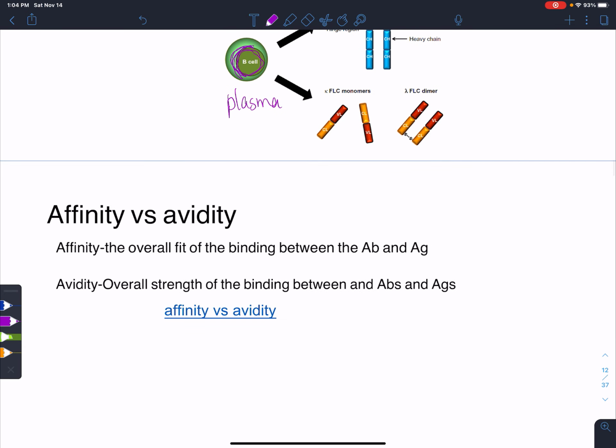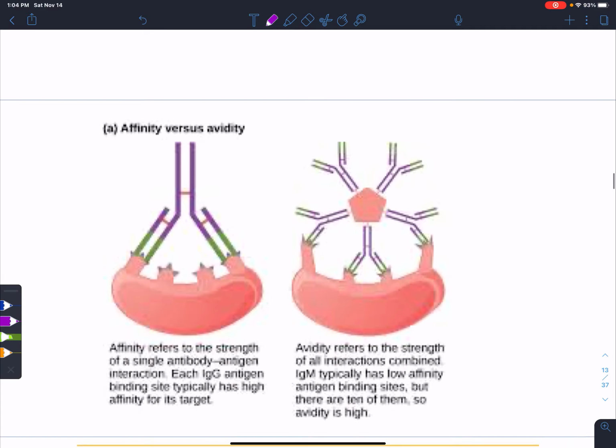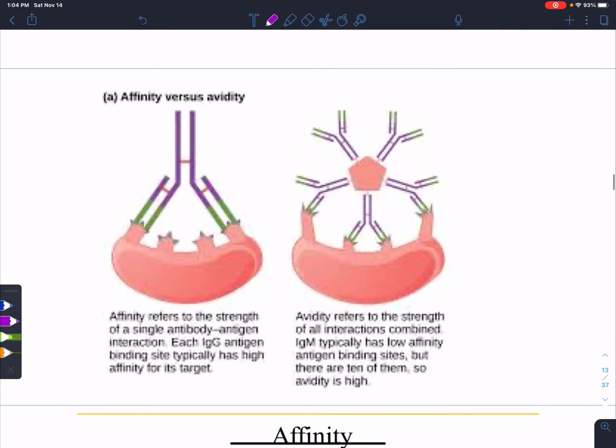Now, avidity is the overall strength of the binding between antibodies and antigens. So this is single, and this is multiple. And I think I should have added, yes, here's my better picture of that.